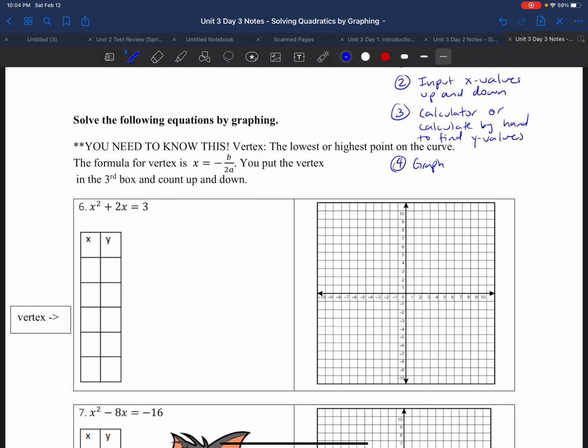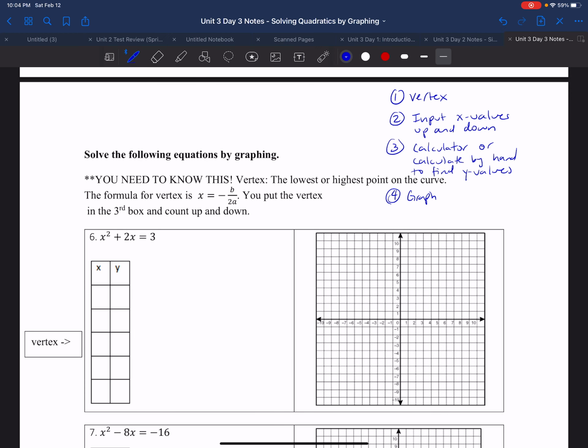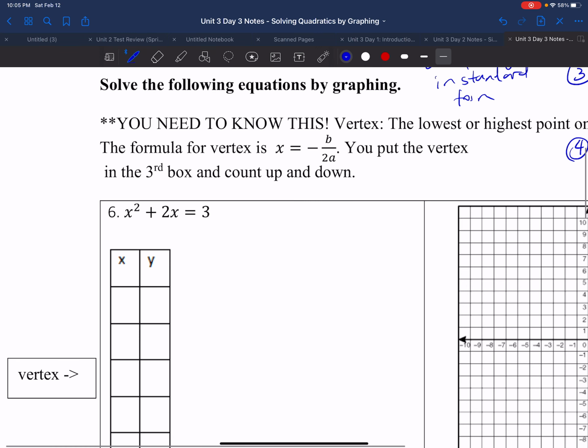Okay, let's take a look at number 6. It has x squared plus 2x is equal to 3. Something to note, and I think we need to include this somewhere in our steps, is that we need to make sure that everything is in standard form. And we can see that number 6 is not in standard form, so I need to get rid of this 3.